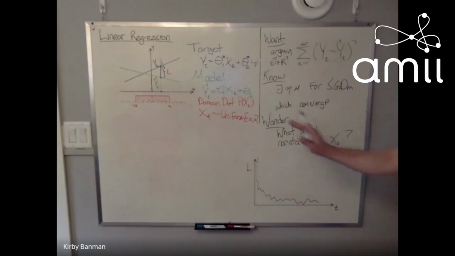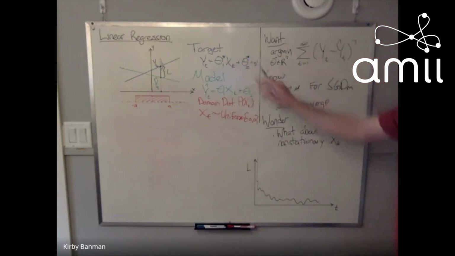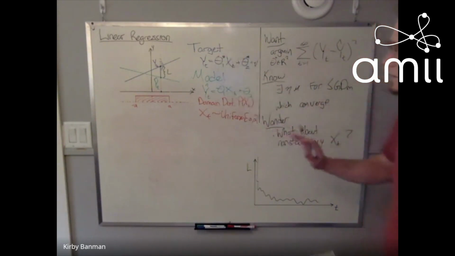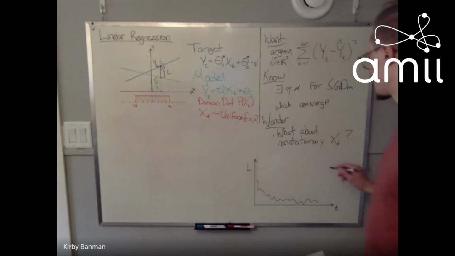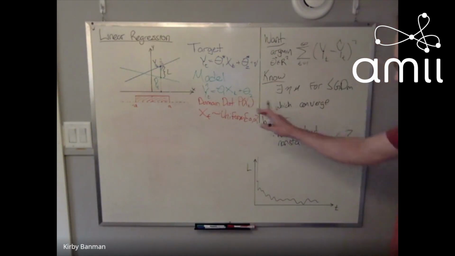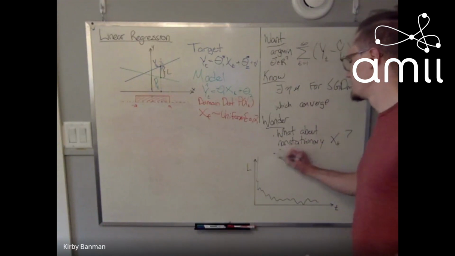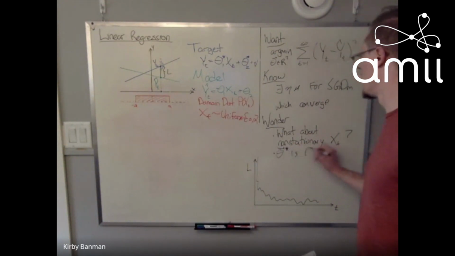We're going to focus on a very particular kind of non-stationarity. And as a note, theta star is fixed. The target doesn't change, just the domain distribution will be non-stationary. So I'll write that: theta star is fixed.